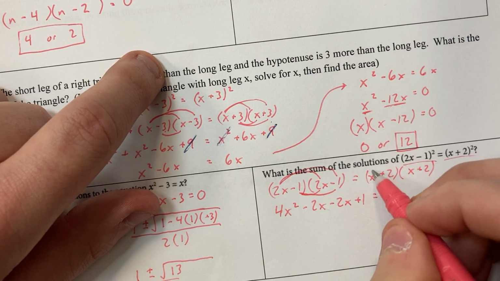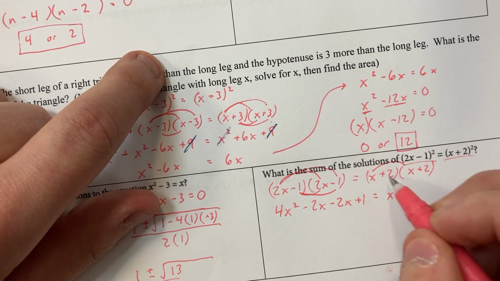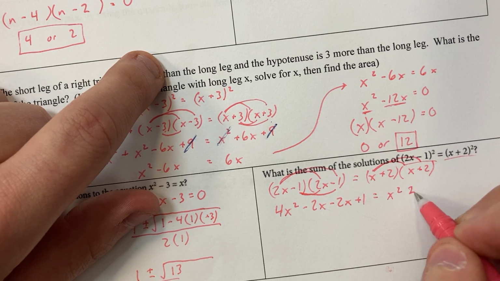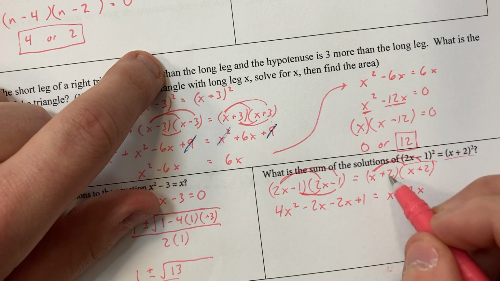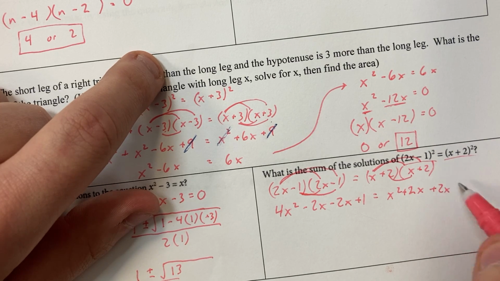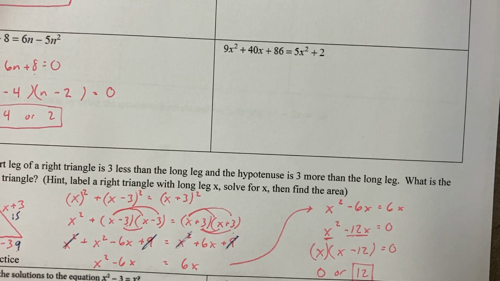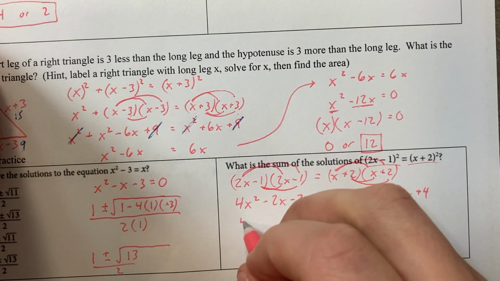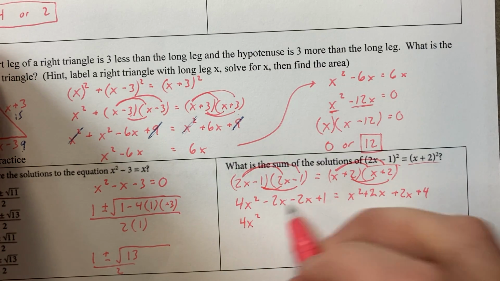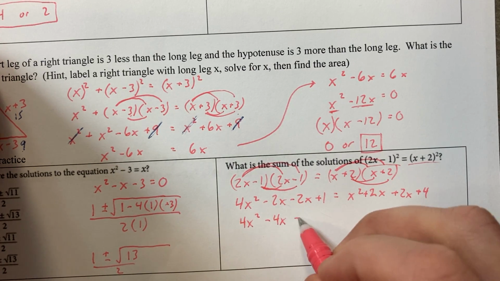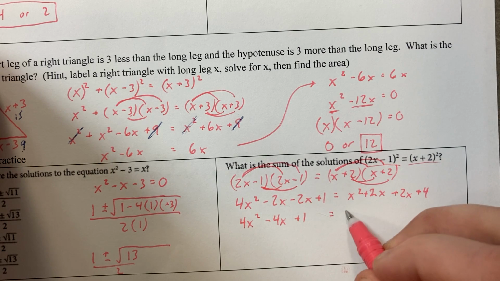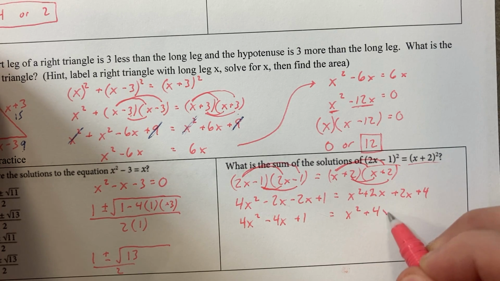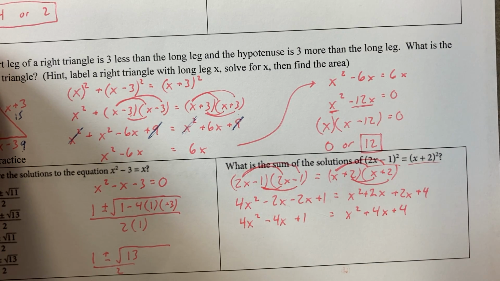And do it again. x times x. x times 2. Whoops. 2 times x. And 2 times 2. Okay, I'm going to clean them up. 4x squared minus 4x plus 1 equals x squared plus 4x plus 4.